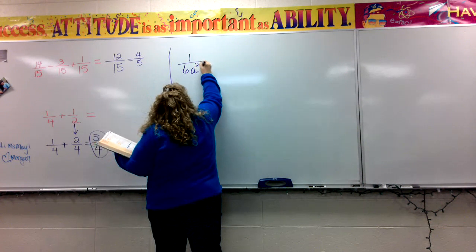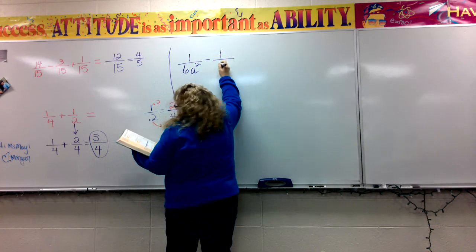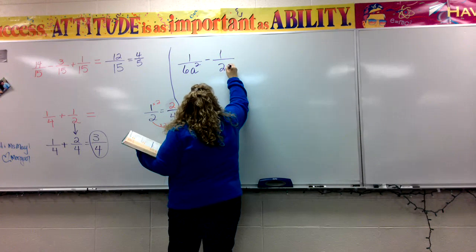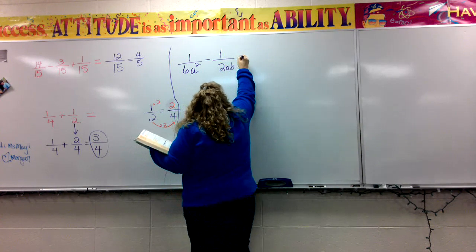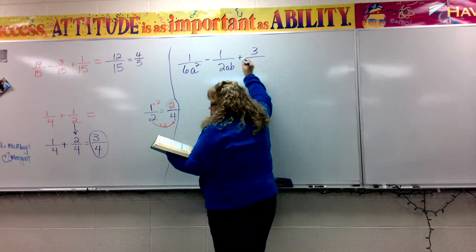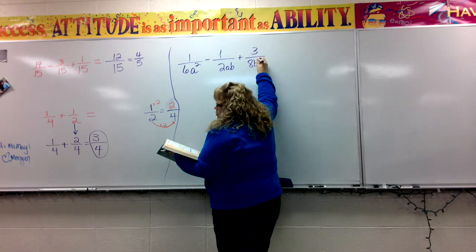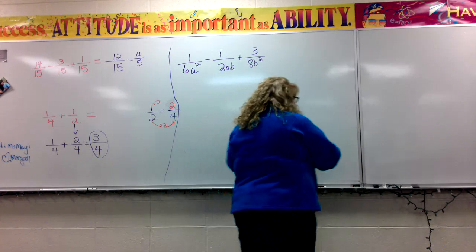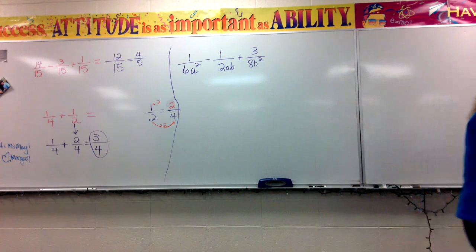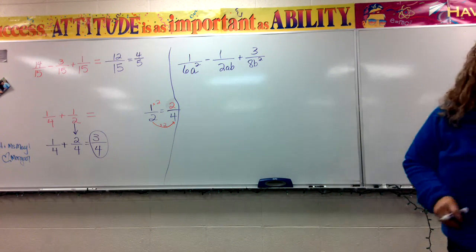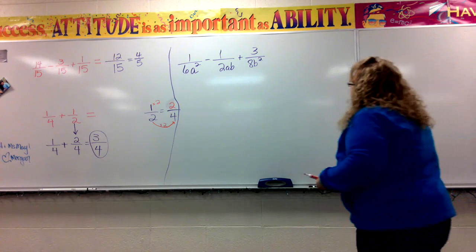6a squared minus 1 over, plus 3 over, oh boy. Now we got letters and numbers and you can still see it.